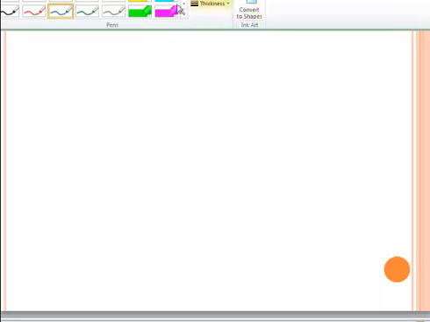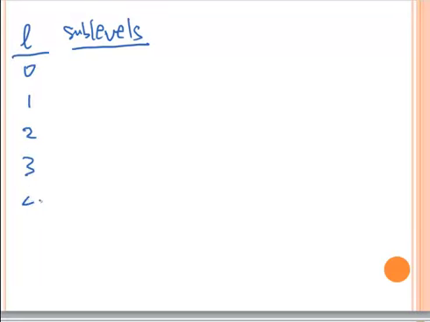Then let's take a look at the practical ramifications of that. As we said before, we have the sublevels, and it all depends on the L value: 0, 1, 2, 3, 4, 5, and the list goes on.